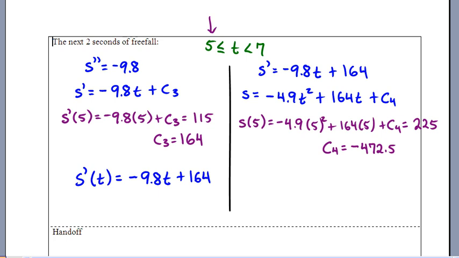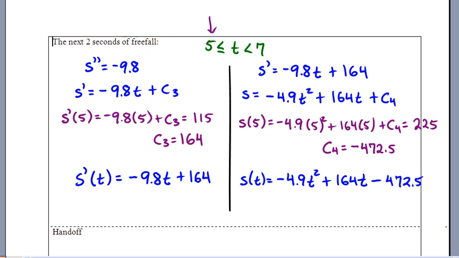472.5. So for this 2 second window, where time starts at 5 and can creep up towards 7, the position machine is actually this, negative 4.9 t squared plus 164 t minus 472.5.